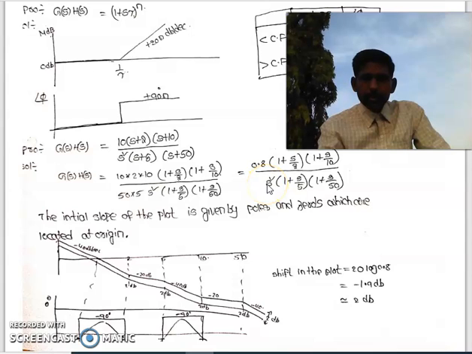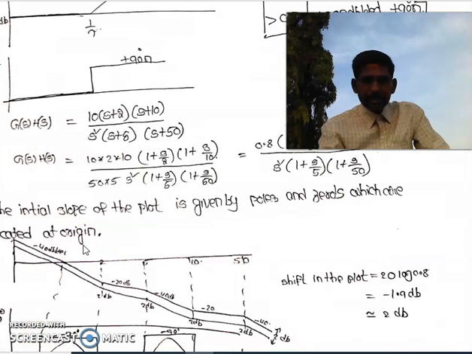So if 1 pole is present at origin, then minus 20 dB per decade. If 2 poles are present at origin, then minus 40 dB per decade. You can observe here minus 40 dB per decade is there.